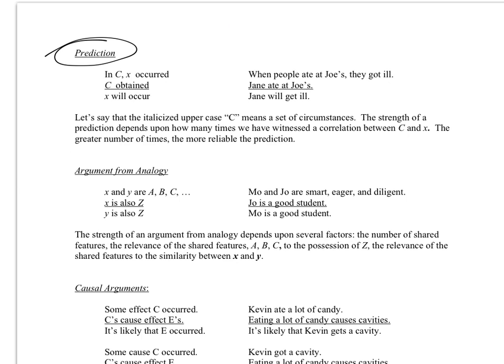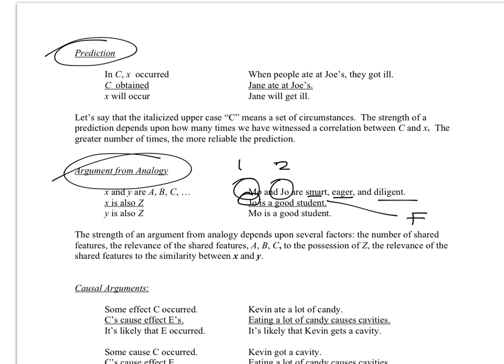Another kind of inductive argument is what's called an argument from analogy, where we make a comparison between two things, and we notice that these two things have certain things in common. One of those things has a certain feature.